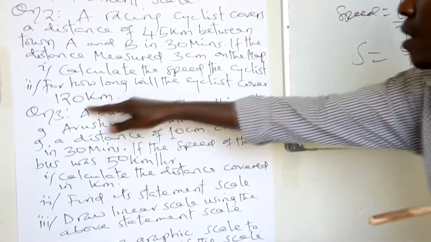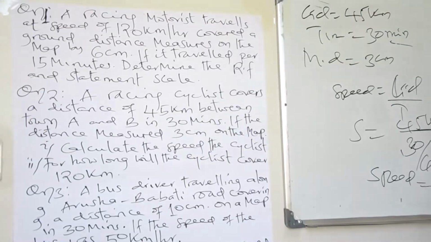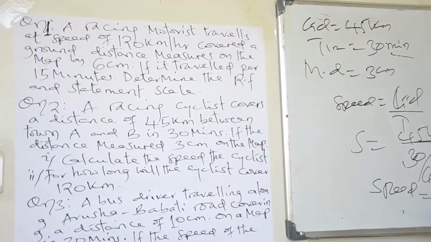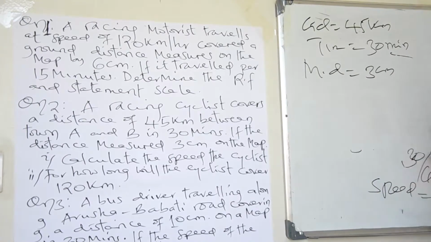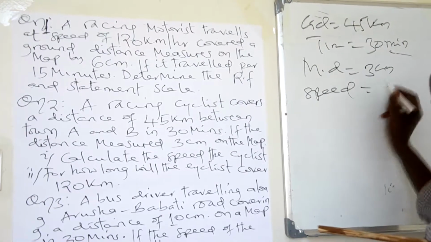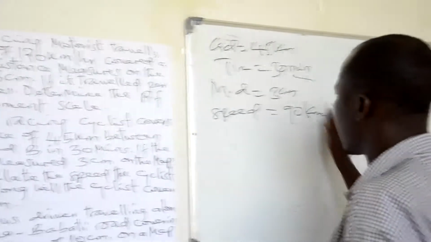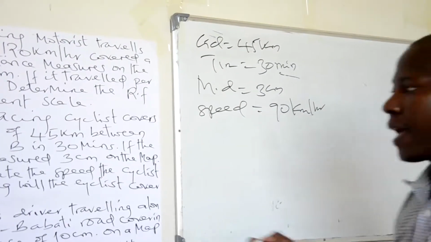You have to remind yourself that speed we have. We have a speed of 90 kilometers per hour. But for how long? The terminology of how long means time.